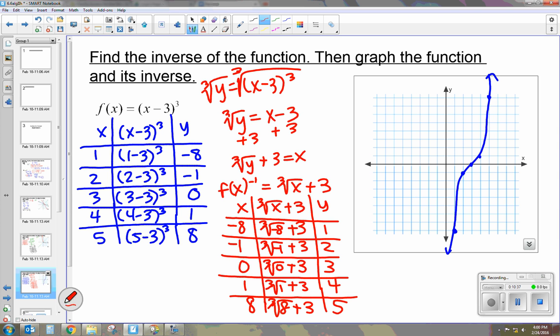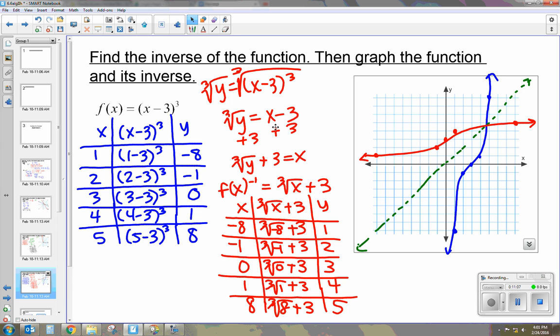And now we're going to graph it: (-8, 1), (-1, 2), (0, 3), (1, 4), (8, 5). And now we have our nice curve right there. And if we draw our line, that looks perfect.